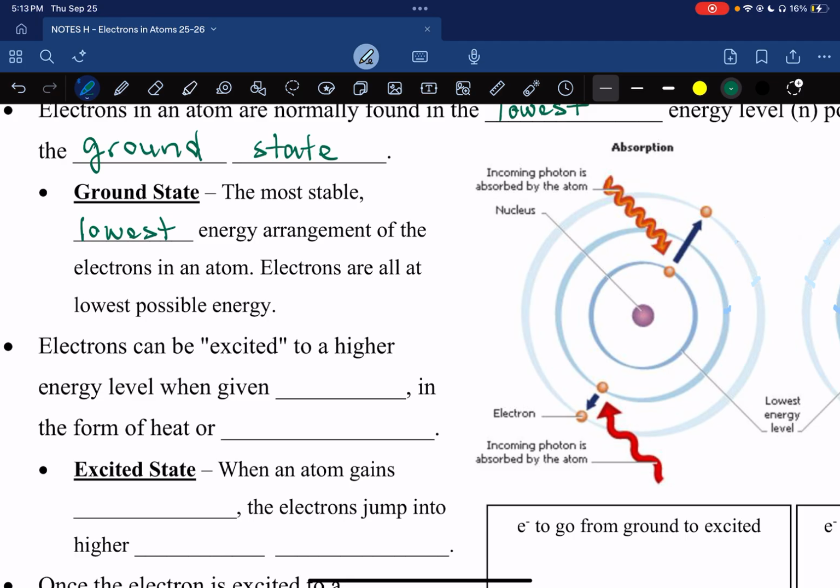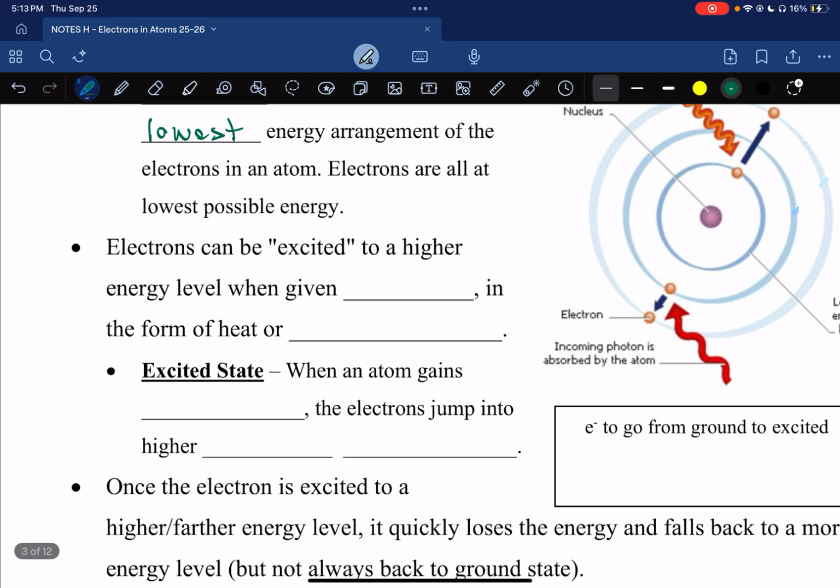So electrons are all at the lowest possible energy level in the ground state. But sometimes these electrons within atoms can be excited, and when they are, they move to a higher energy level. An atom is going to gain energy, often in the form of heat or electricity.